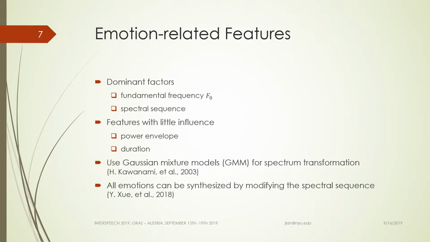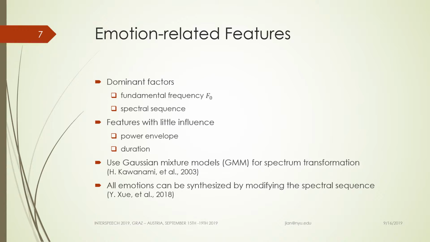Emotion-related features. Previous emotion conversion approaches directly modify parameterized prosody-related features that convey emotions. Kawanami first proposed to use Gaussian mixture models for spectrogram transformation. A recent work by Xue explored 4 types of acoustic features: fundamental frequency, spectral sequence, duration, and power envelope.